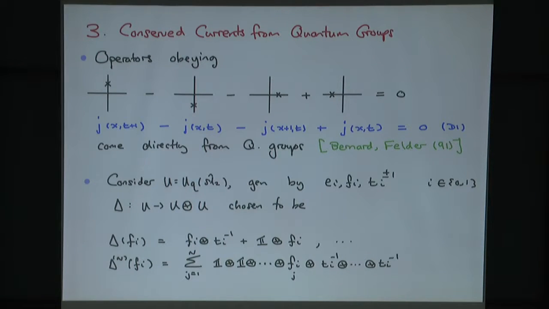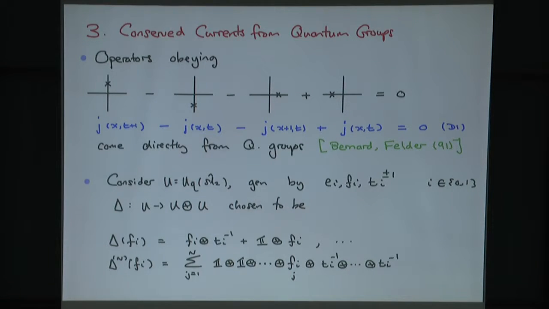It's a quantum group, so it's a quasi-triangular Hopf algebra. In particular, it's a Hopf algebra, so there's a coalgebra structure, which means there's a map from the algebra to the algebra tensor itself, which obeys certain consistency conditions.